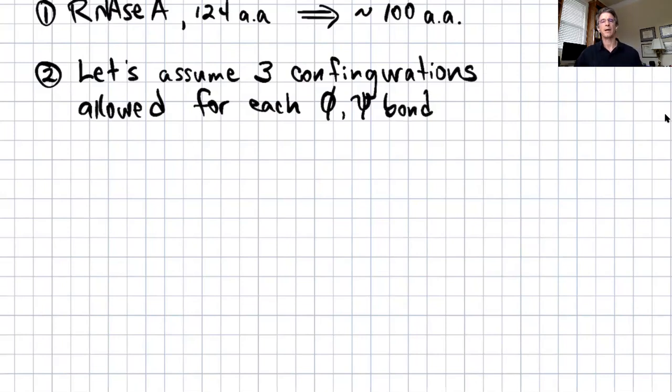You remember the phi psi bonds looking from the alpha carbon. So we're only going to allow 3 configurations per phi psi bond. So each amino acid would have 3 possible configurations around those 2 bonds.